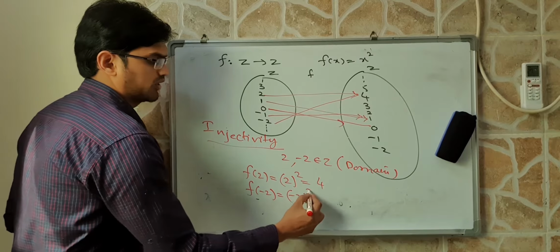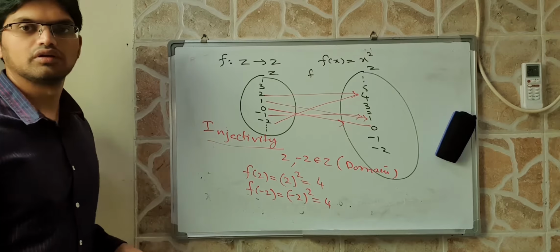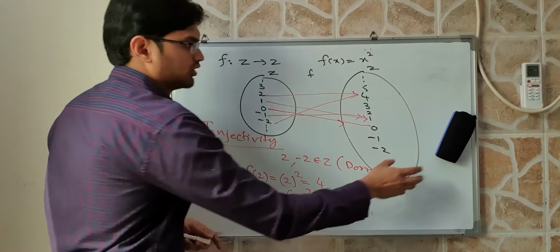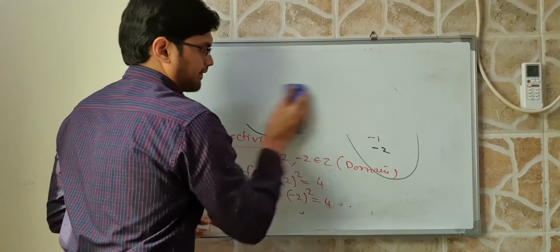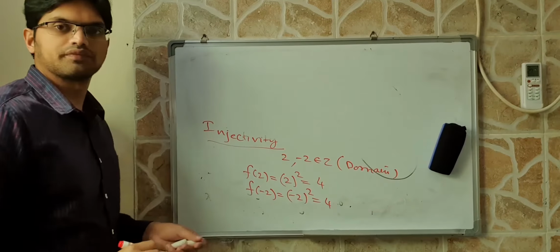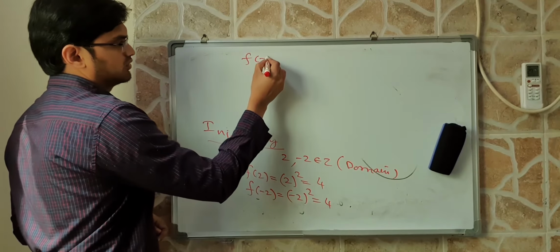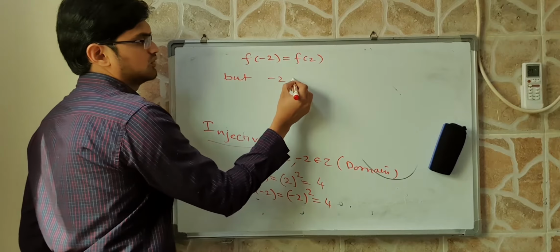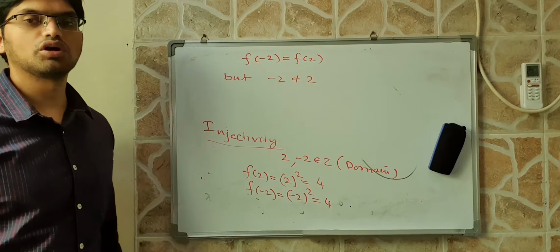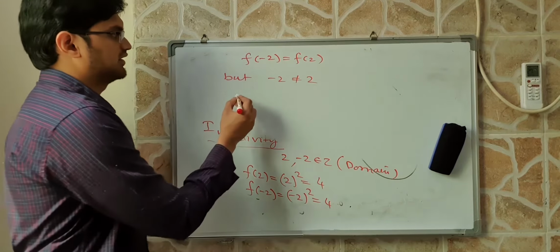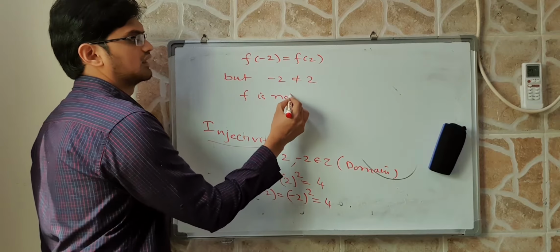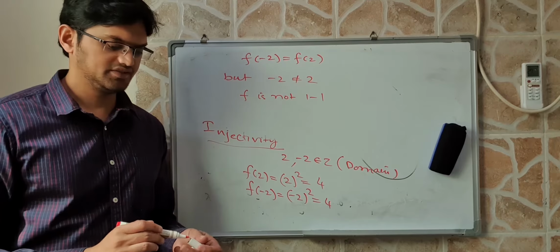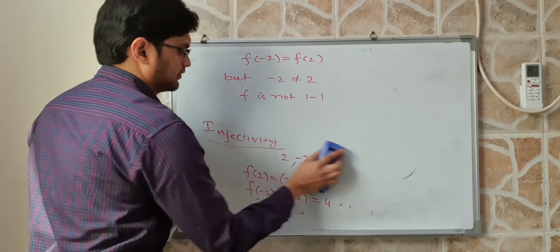It is -2 square, which is equal to 4. So you can clearly see that 2 gives 4, -2 gives 4. So I'll write the condition: f(-2) is the same as f(2), but -2 is not equal to 2. So what do you conclude? f is not 1-1, or injectivity fails.